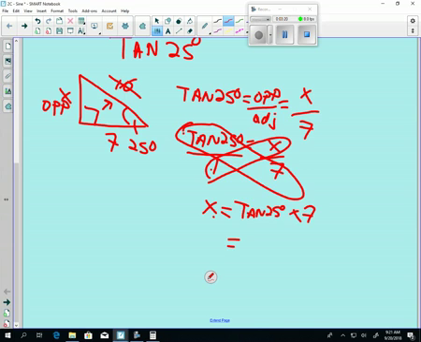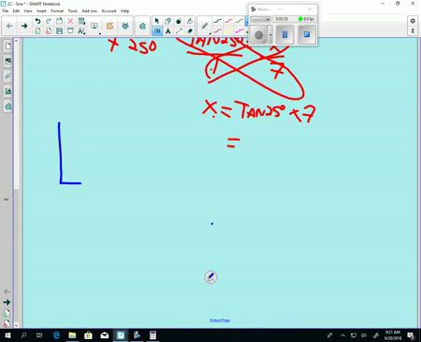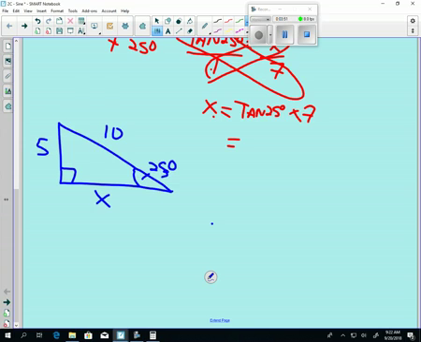But sometimes we have a different situation. Remember, I had 10 here, there's my right angle, there's 25 degrees. But instead of having the unknown here, say I know this side here is 5, but this time I don't know what the adjacent side is.